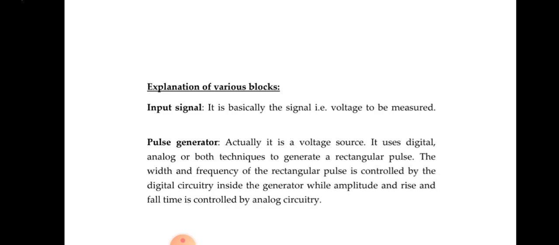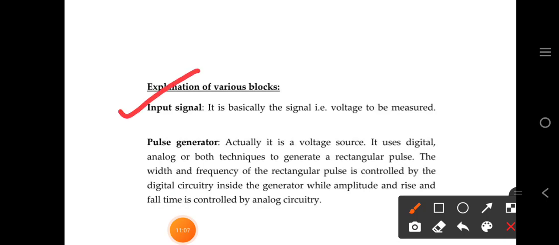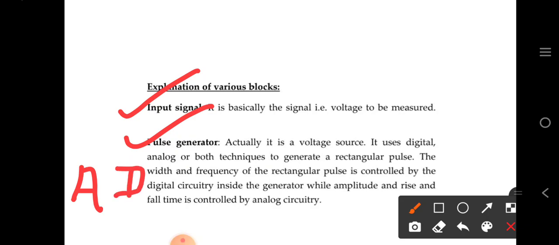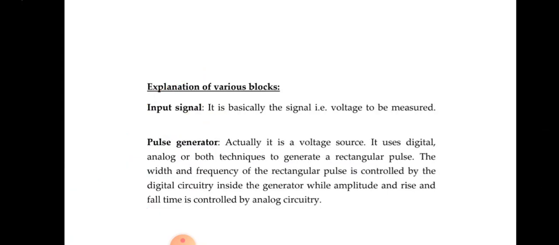So these two parts are very important in the pulse generator. The first part is the input signal where input is given, then the pulse generator which has two parts, analog and digital circuitry. Analog circuitry, what does it do? It controls the rise time and the fall time, and the digital circuitry controls the width and the frequency. So two functions of analog circuitry and two functions of digital circuitry.